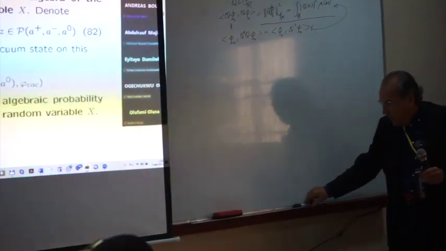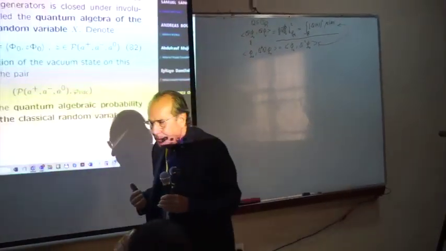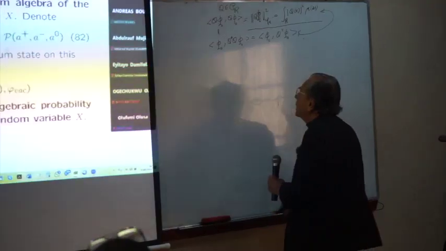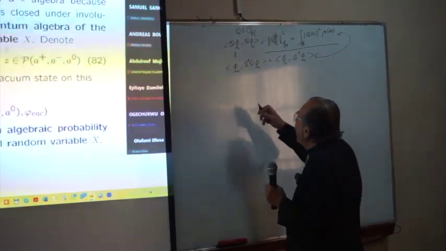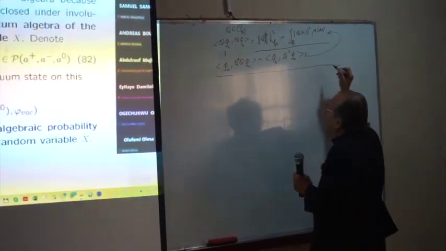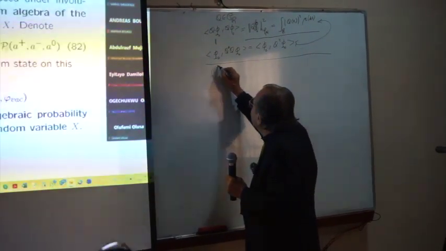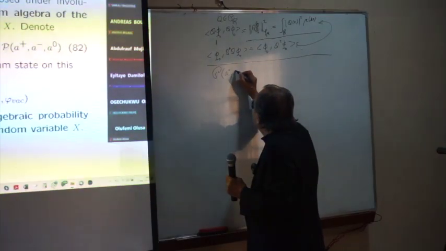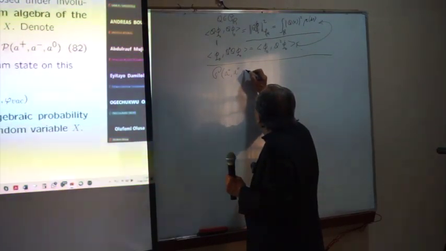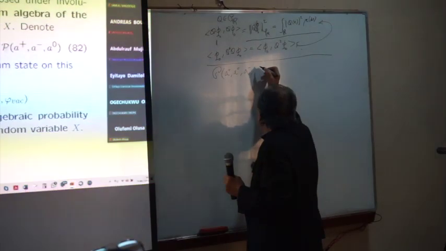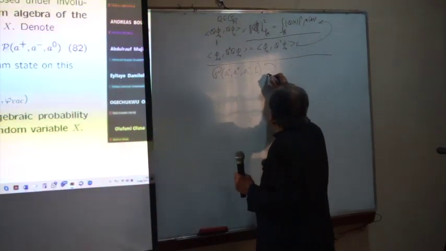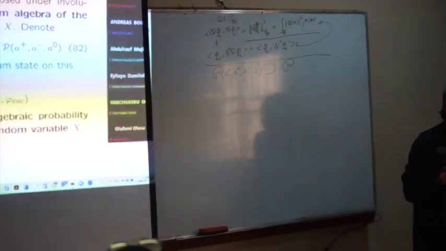So we have an interesting result, because we have shown that the quantum algebra, that is the algebra generated by A plus, A0, A minus, and well, the identity is not necessary, but I show it, strictly contains the classical polynomial algebra. The proof is very easy.